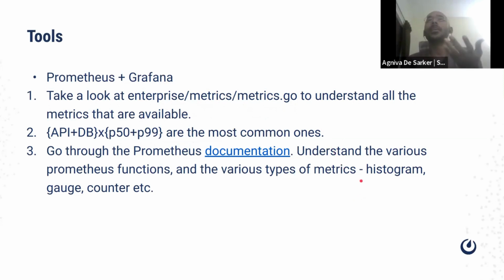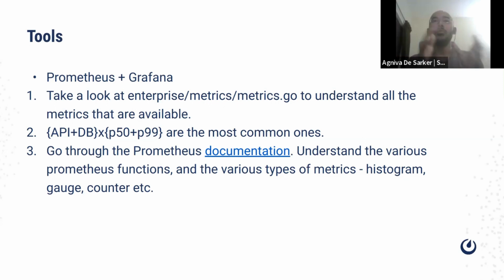How does a histogram translate to a P99 of a given metric? You need to read both and have a good understanding of the various functions or queries available via Prometheus to translate the metrics into helpful Grafana queries.